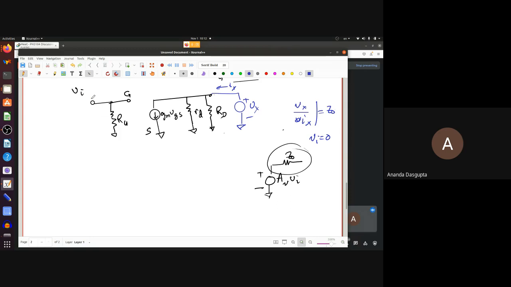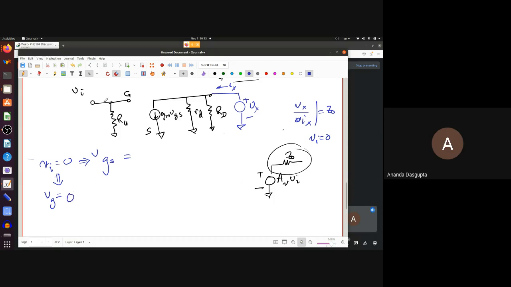If you have made Vi equal to 0, how much is VGS then? 0. Vi equal to 0 immediately says Vg equal to 0, right?